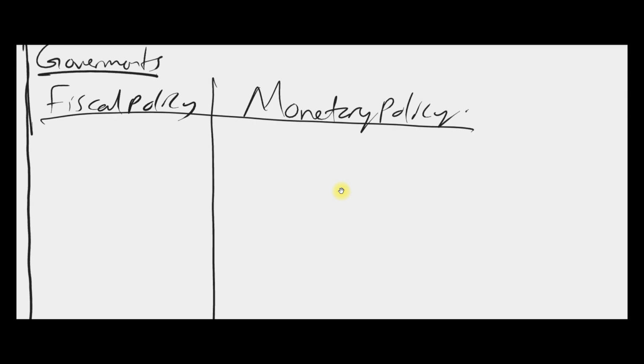Let's look at the main differences between fiscal policy and monetary policy. All this is the basics of economics. Everyone who knows macroeconomics knows about these things, and even you, I'm sure, have an idea of what I'm talking about. Not all of this is new.